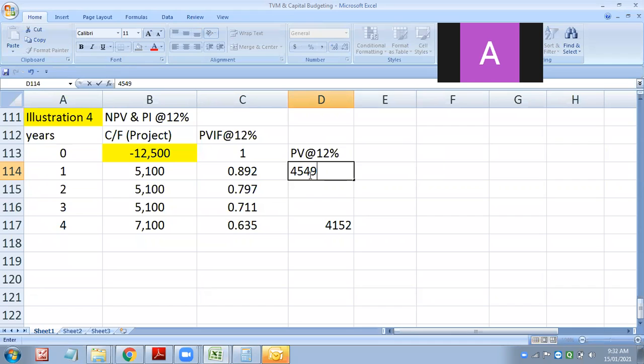Okay, I am taking the fraction only. Then here 5,100 into 0.797 is 4064. Then 5,100 into 0.711 is 3626.1.